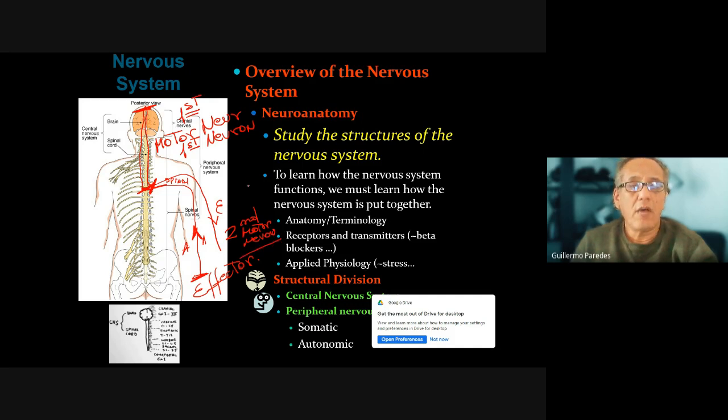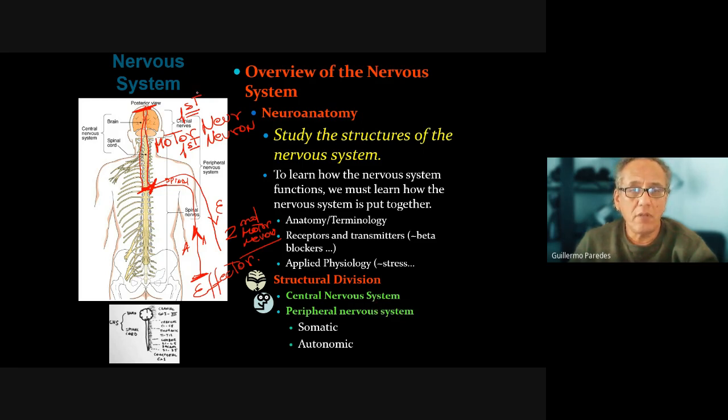Now, when you have damage of the first motor neuron, you have a spastic paralysis. So your muscles are totally rigid. And when you have damage on the spinal nerve, there is going to be a flaccid paralysis.